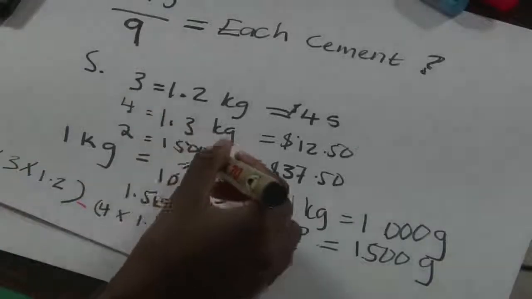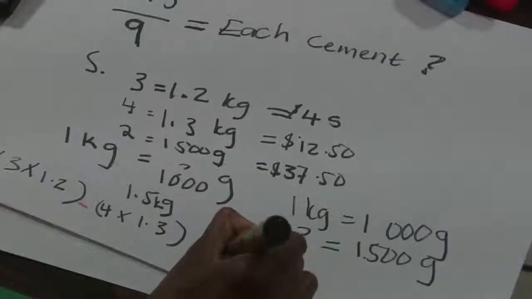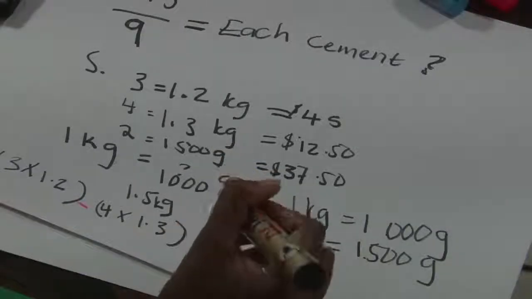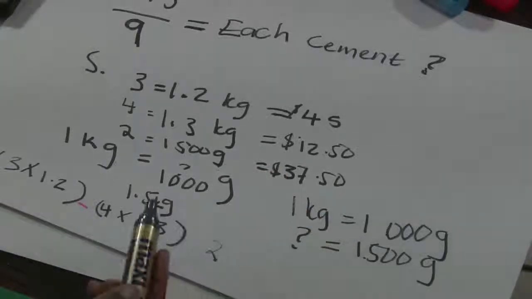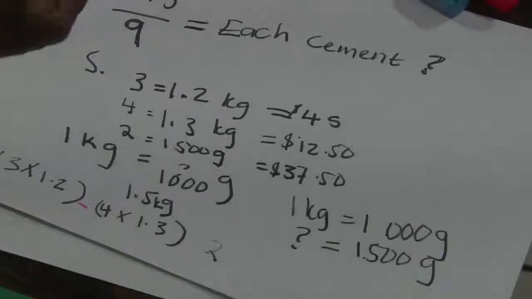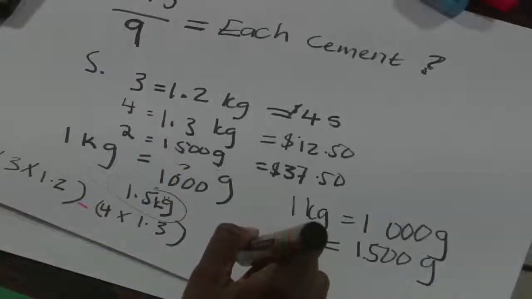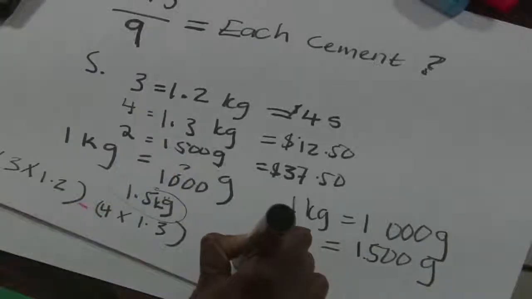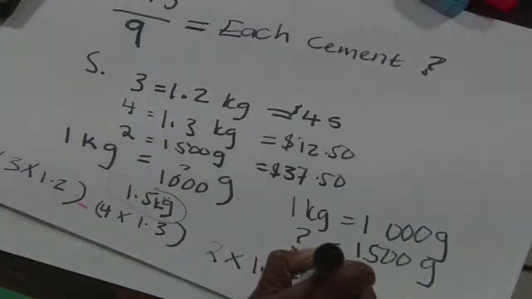And then the last one is 2 containers of ice cream weighing, we already converted the 1,500 grams into kilograms here, so we are just going to copy it as it is. So there are 2, each is weighing 1.5 kilogram.